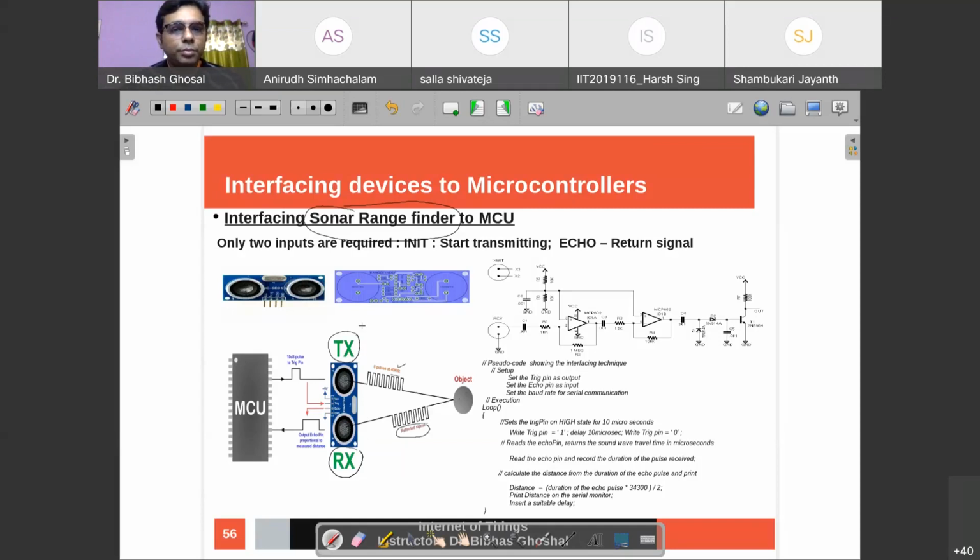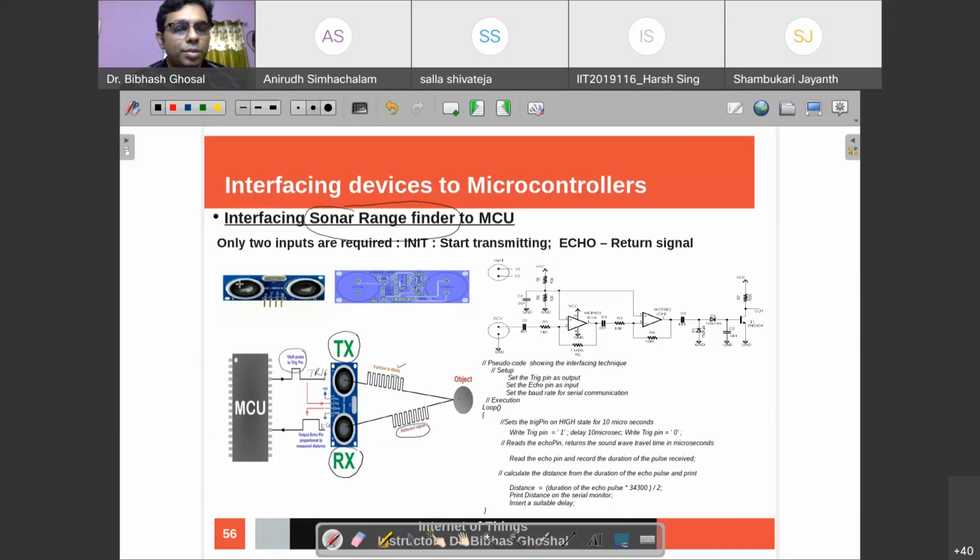Now, how do you trigger the transmitter to work? You send a triggering pulse. Once you send the triggering pulse, the transmitter becomes active and starts sending pulses. And when you receive an output pulse, you know that there is some reception. So these are two lines called trigger and echo.